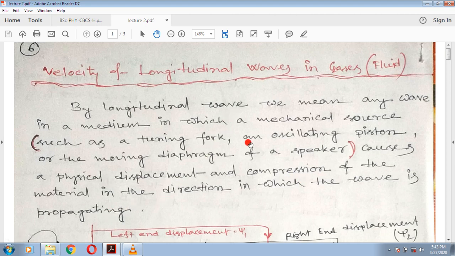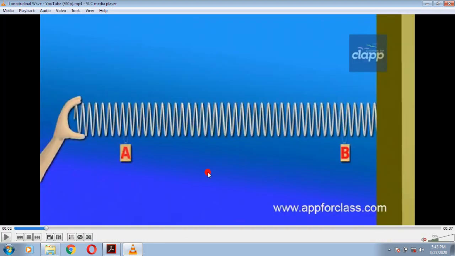So by means of these sources we disturb the medium, we compress the medium, we displace the medium, and that displacement or compression propagates through the medium. And to understand or visualize how the longitudinal wave travels through a medium, let us see a video.